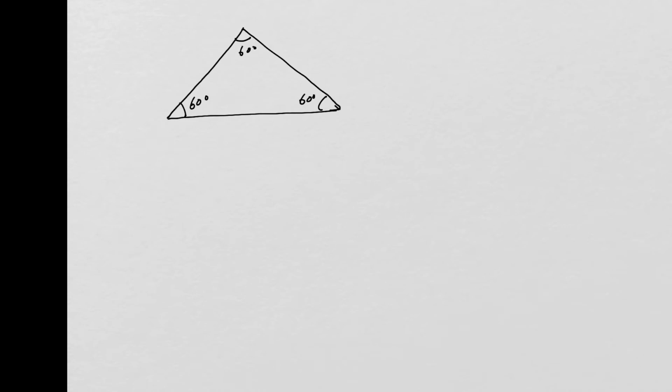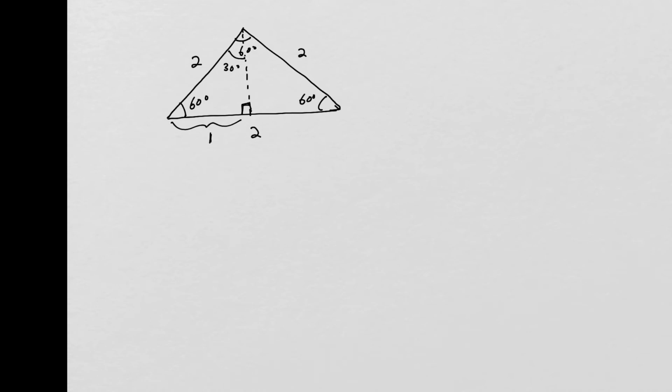Since all the sides are equal, let's give them a value. The convenient value is 2, length 2. Then I'm going to bisect this angle and this bottom side, so I have a right triangle here. If I bisect that, this length is simply going to be 1, because it splits the side in half, and this angle is going to be 30 degrees.